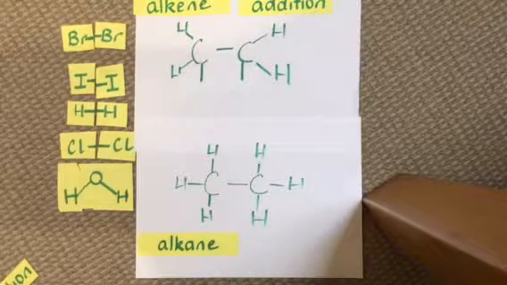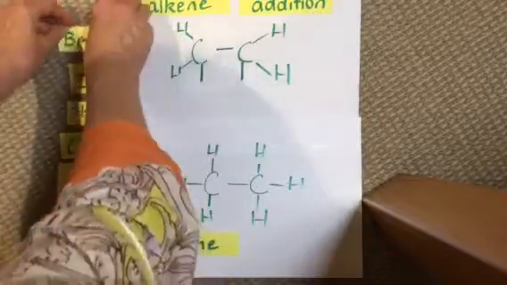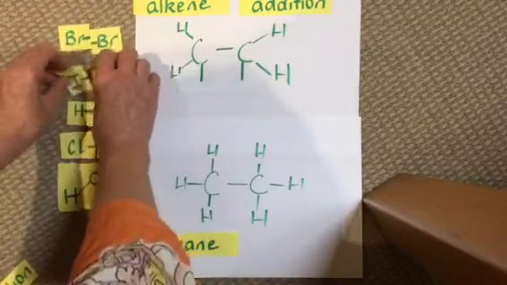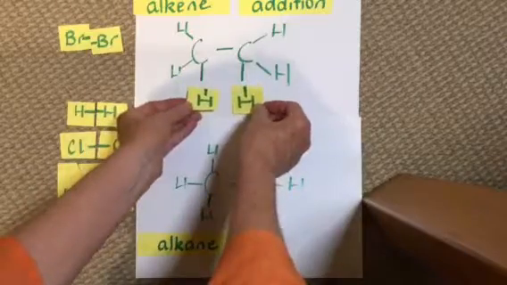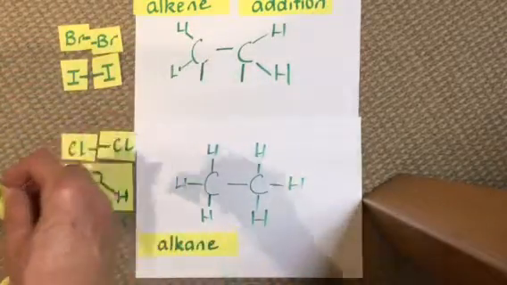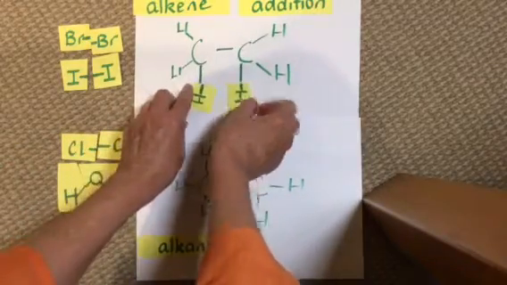If you added HBr across to an alkene, then the two earrings would be bromines. If you added iodine to the alkene, you'd end up with the iodines in that spot. And similarly, if you added hydrogen, you'd end up with the corresponding alkane.